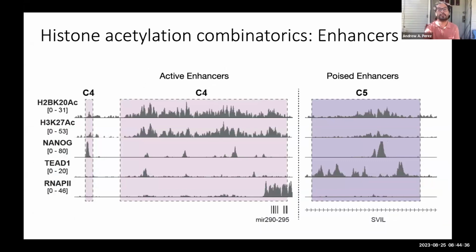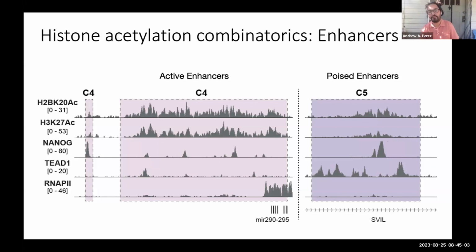The C4, which are active enhancers, we can see that it's near the 290 to 295 locus. And these are known pluripotency markers. And so we can see they're actively transcribed. And Nanog and these canonical C4 histone marks are here. So we have a nice example of C4 active promoters.